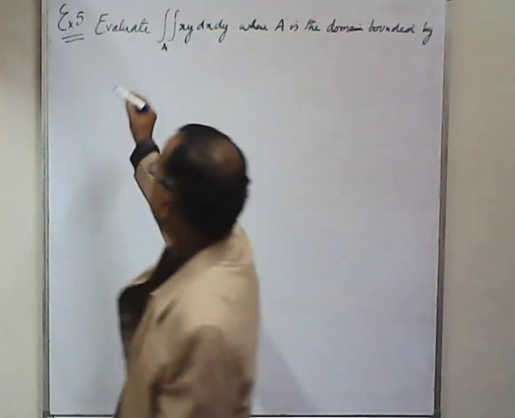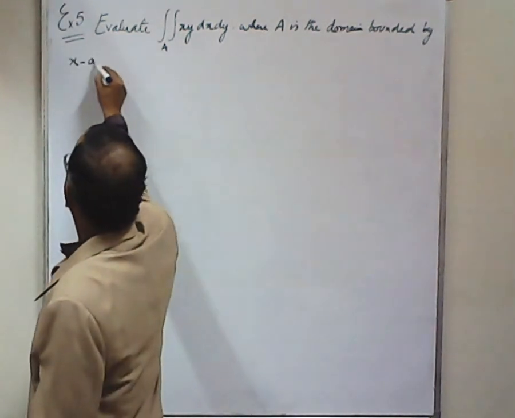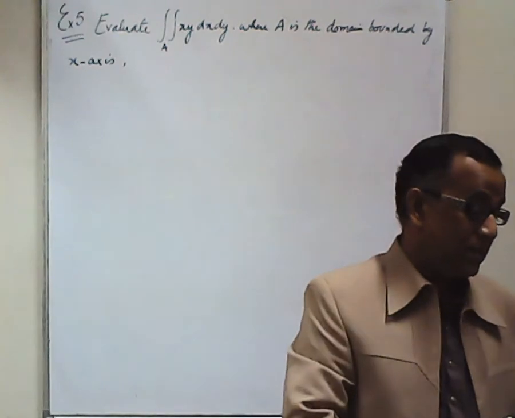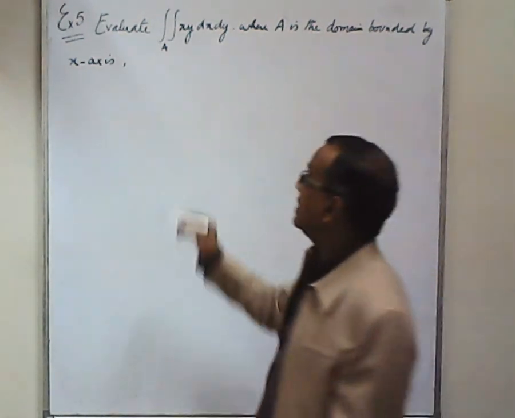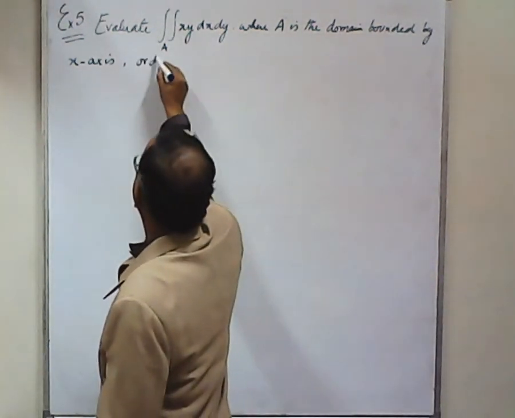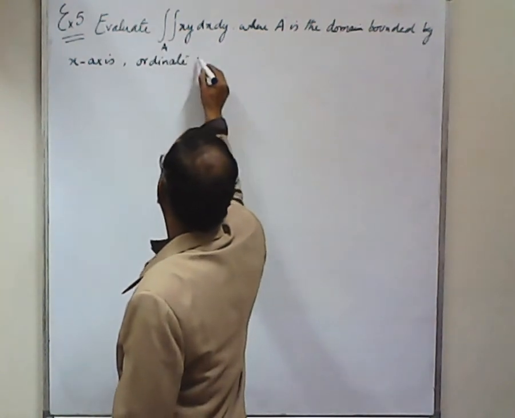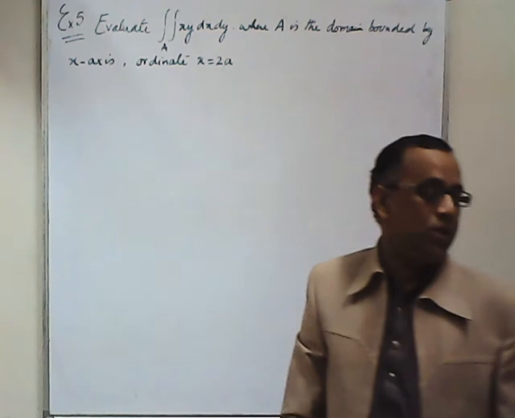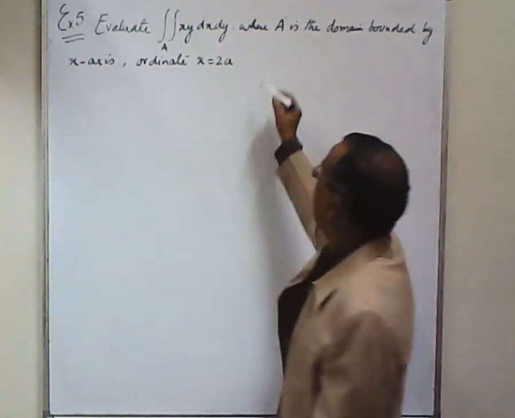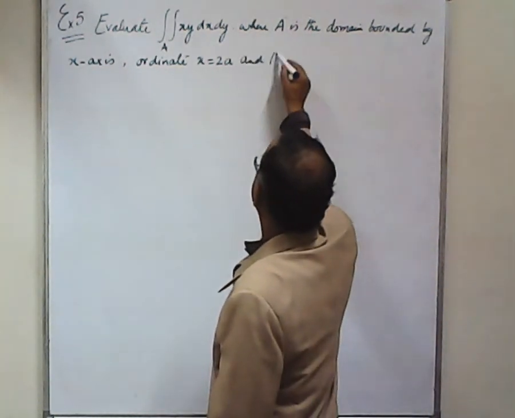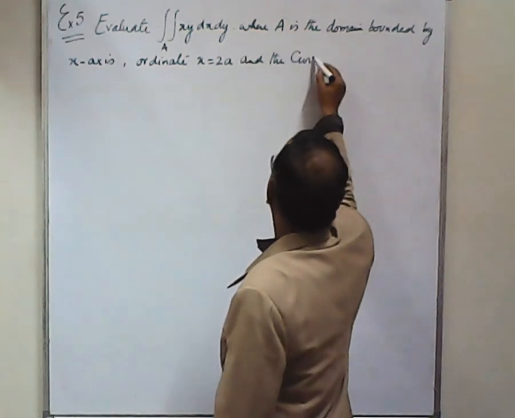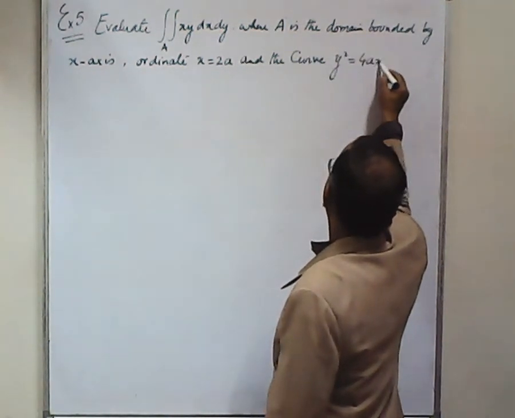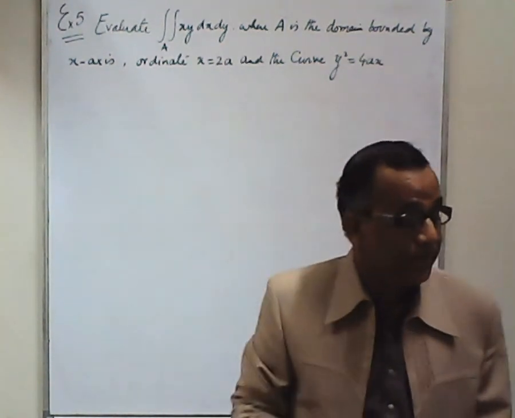x-axis, ordinate x equal to 2a, and the curve y square is equal to 4ax.